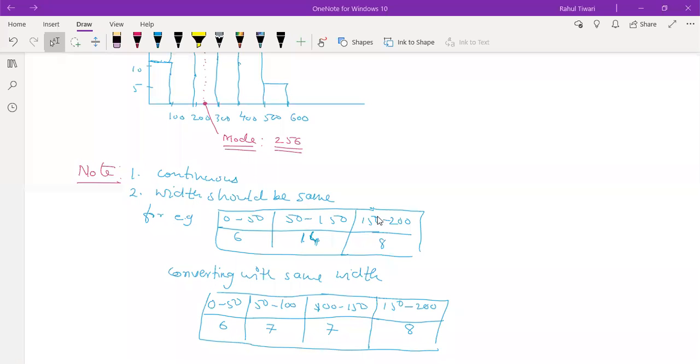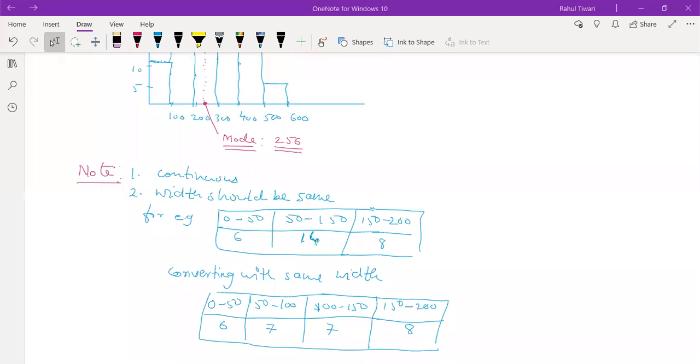Suppose if it is 15 and I take 8 here and 7 here, you may understand there will be two modal classes, and then it is difficult to evaluate the modal class. So make sure that while dividing, you do not have two modal classes in the grouped data. Otherwise, it is going to be difficult to evaluate the mode.